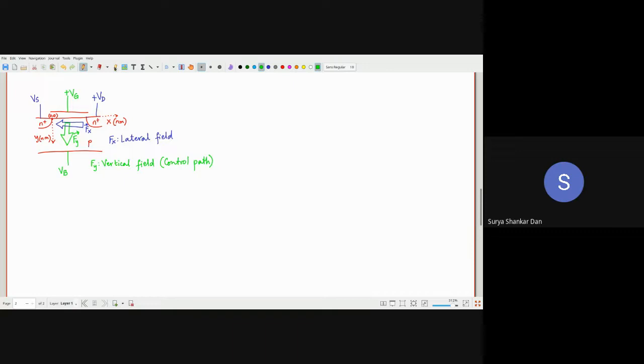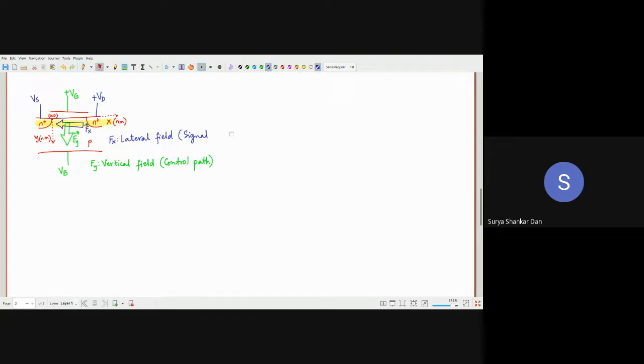Now there is another field, Fx. This will essentially give you the signal path. The signals we are working with, that is the current path, signal or the current path.